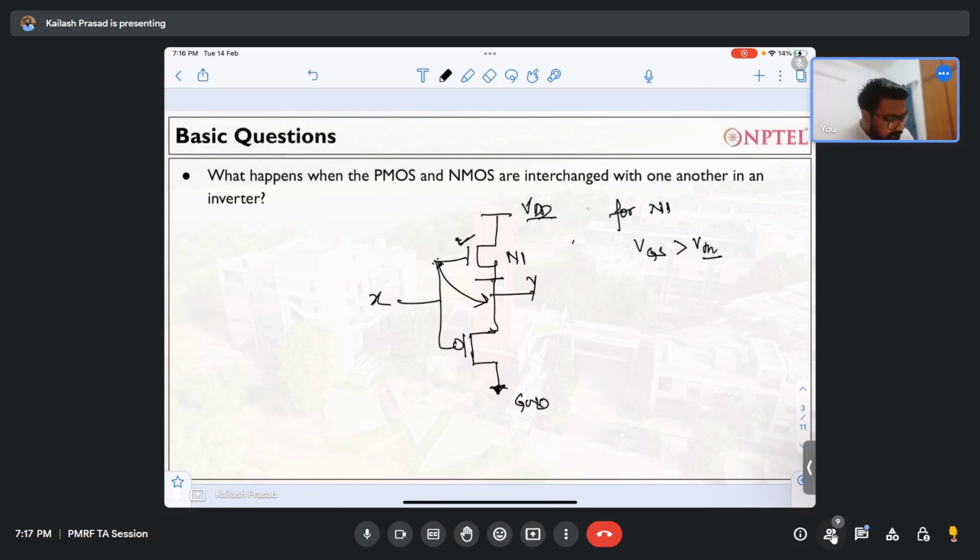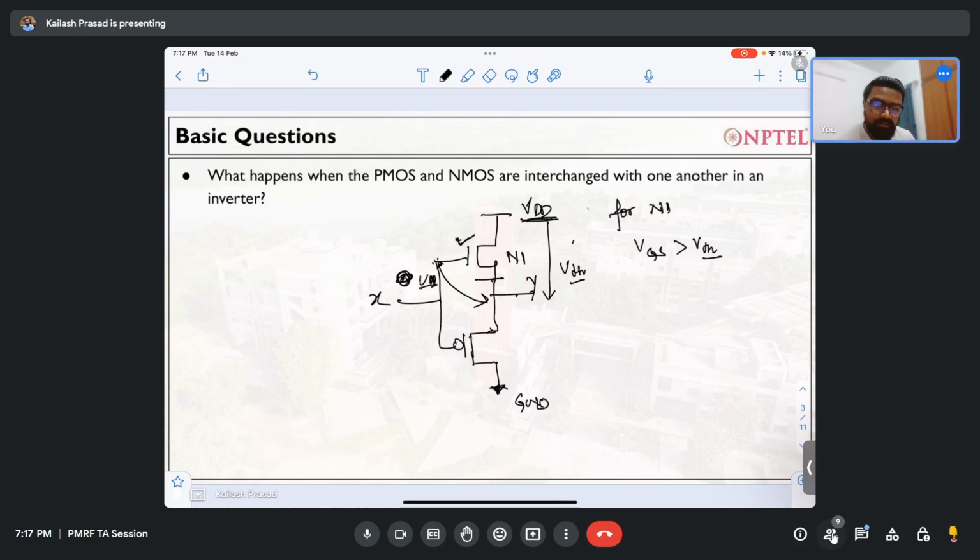Whenever you provide VDD from here, there will always be a VT drop. Please listen carefully. The entire VDD cannot come here. Suppose you provide VDD from here, NMOS should ideally be on, which it is.